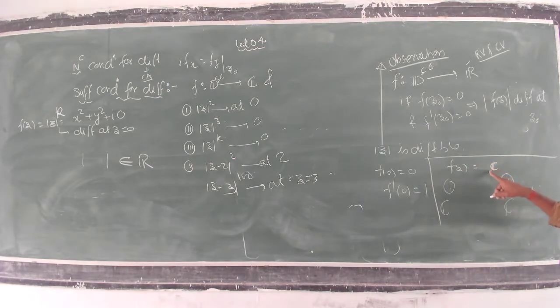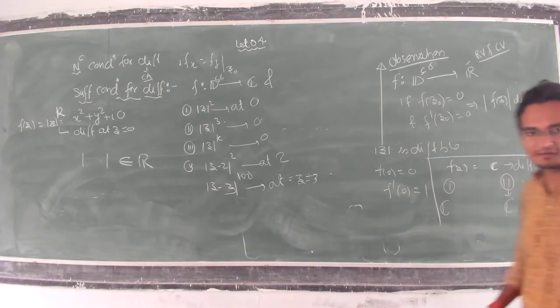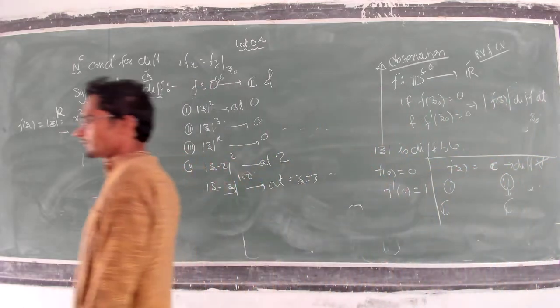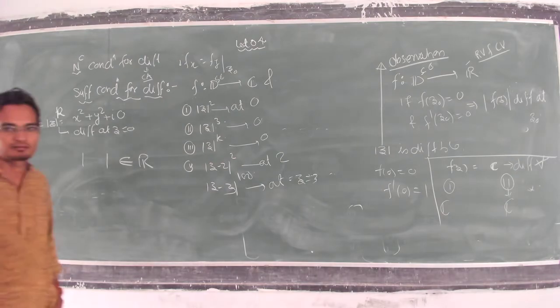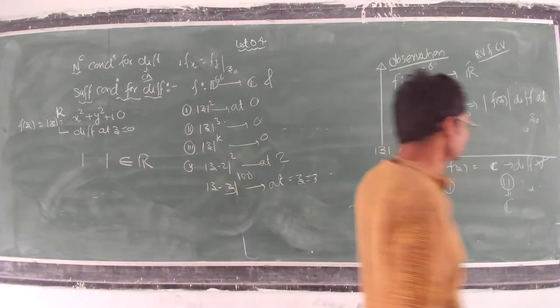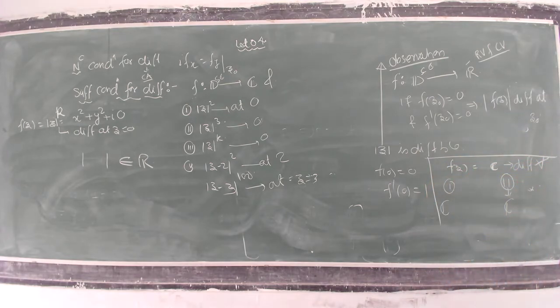Therefore, the constant function is differentiable everywhere. Alright? Any doubt here? So constant function is differentiable everywhere. Till now everything clear, right?